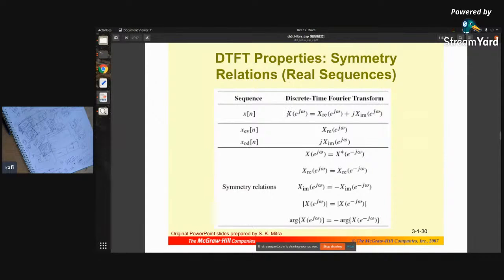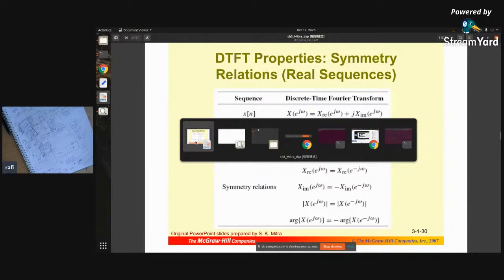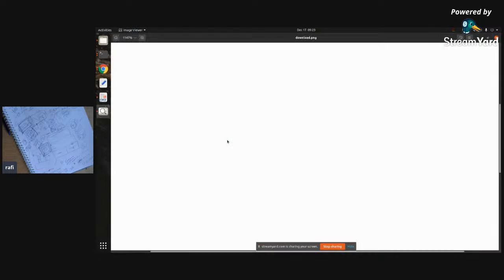So this is the DTFT of x of n, and since it is a complex quantity, it has a real part and an imaginary part. Let me show you. X of omega.